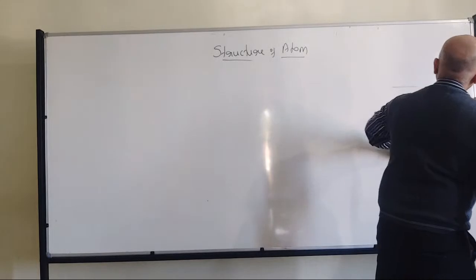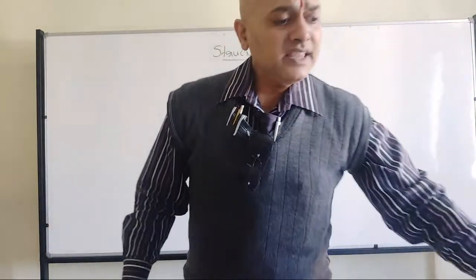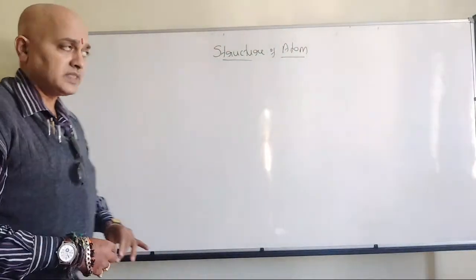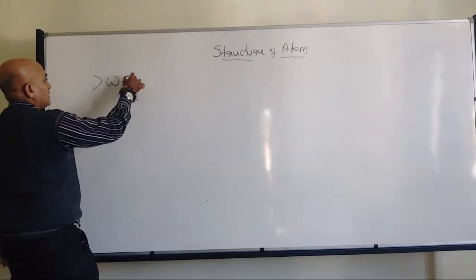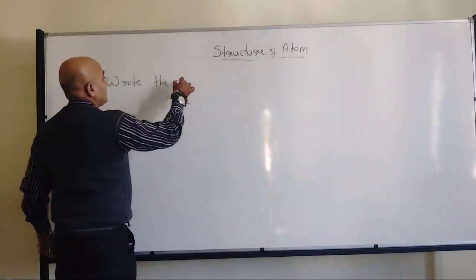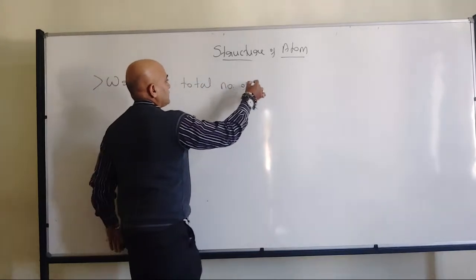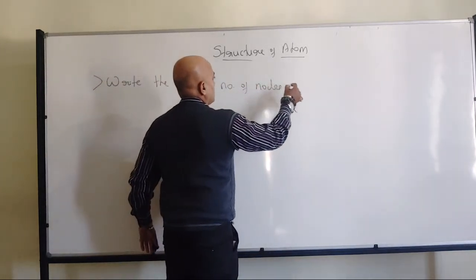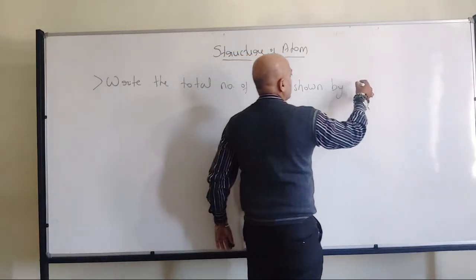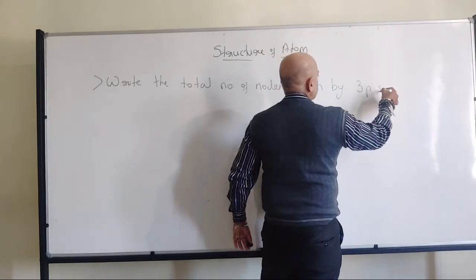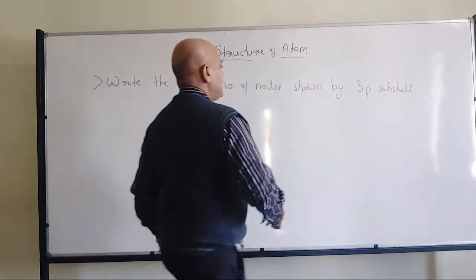Now, if that is the case, there can be a question. Write the total number of nodes shown by 3p subshell.